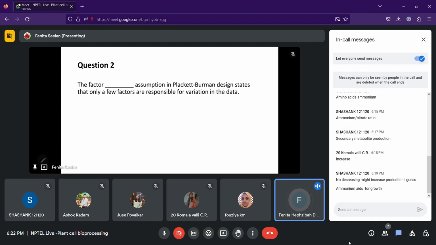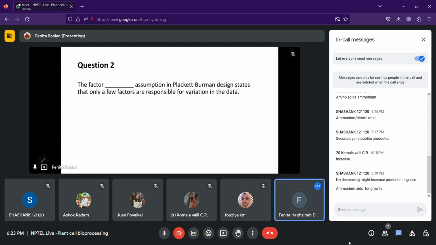This is one of the assumptions of Plackett-Burman design. Any idea?